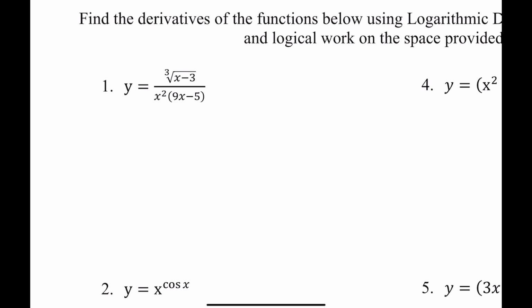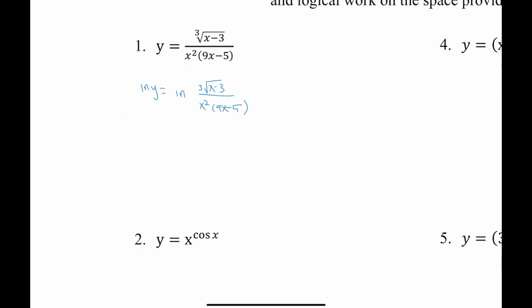So we're just going to put ln on both sides. So ln y equals ln of... Right, and then for these, we can try to simplify it a little bit. So ln y equals ln of x minus 3 to the power of 1/3, right?